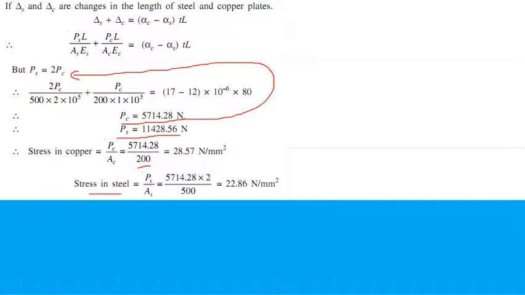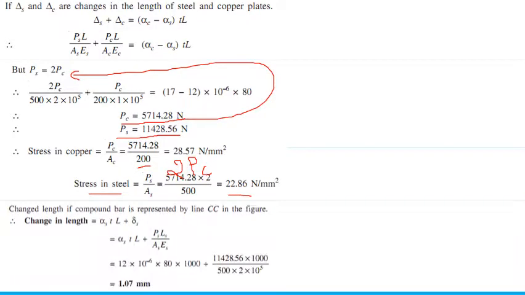Both are the same. After simplifying we got 22.86 Newton per millimeter square.